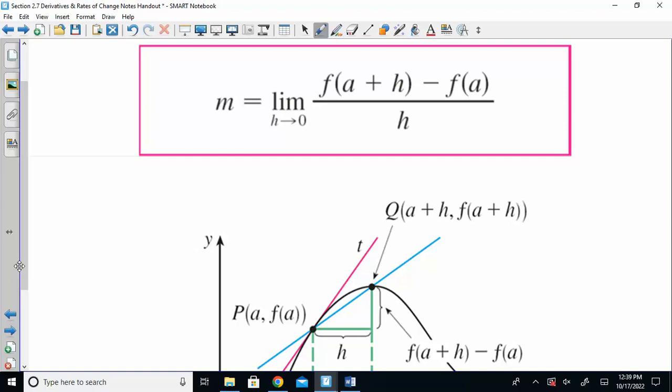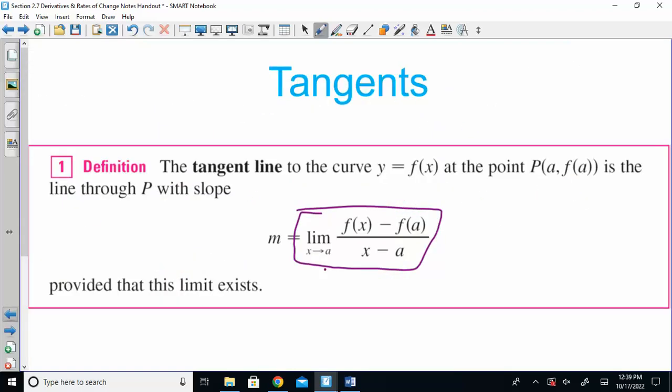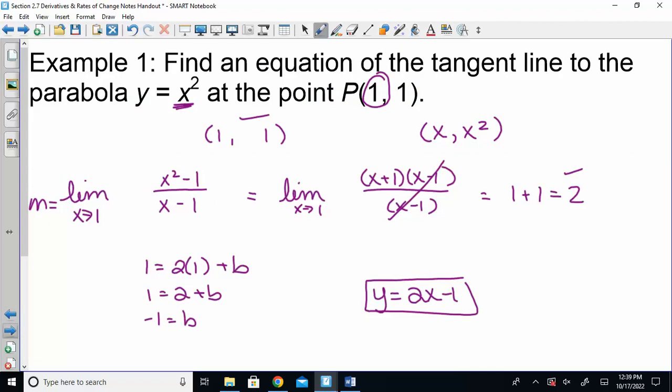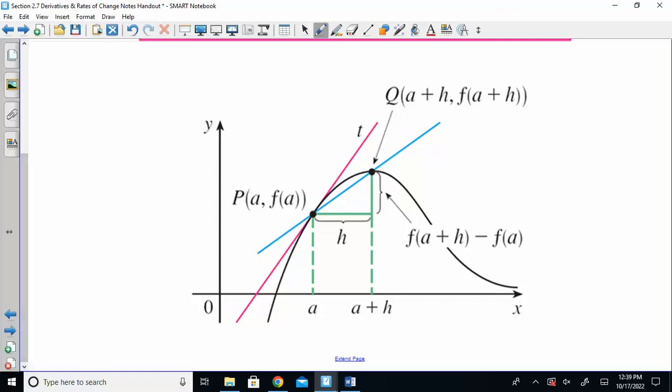Let's break this down. Think about what we just did. We are saying the limit as x approached a particular value, a. This time it's saying the limit as h approaches 0. But if you look at the picture, a here is just representing a starting point. A plus h is representing another point on the graph.